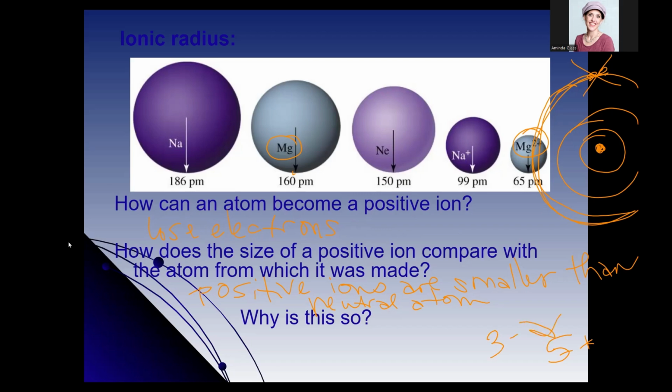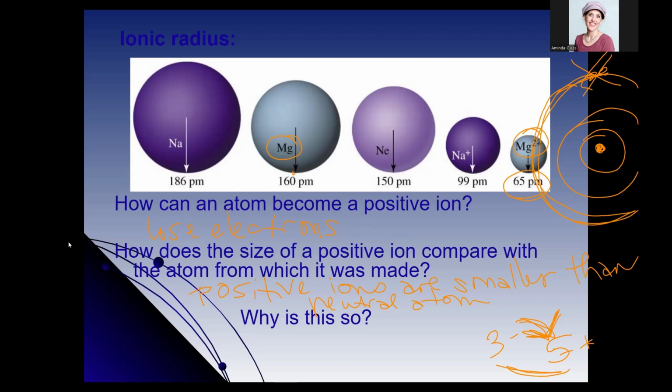positive charges, but only 3 minus charges. So these electrons are going to be even more strongly attracted to the positive charges. You've lost this energy level, so it's already smaller, but now you have that imbalance of charges as well. So that's why it's so much smaller, mainly due to this imbalance of charges.